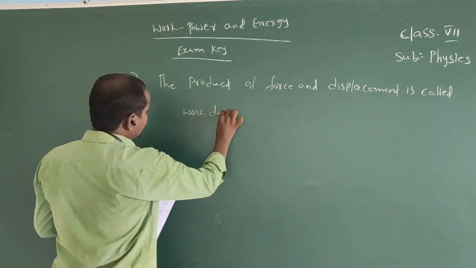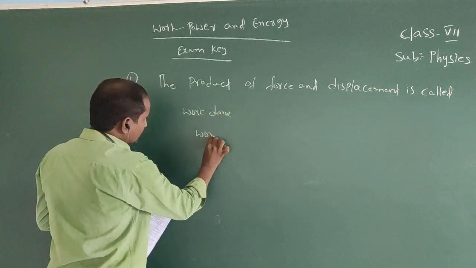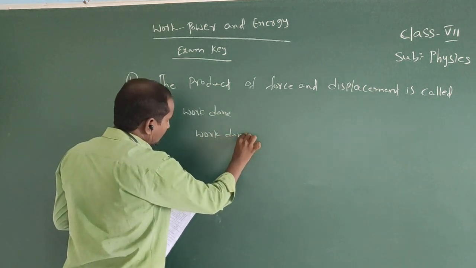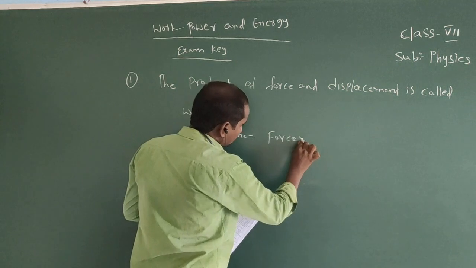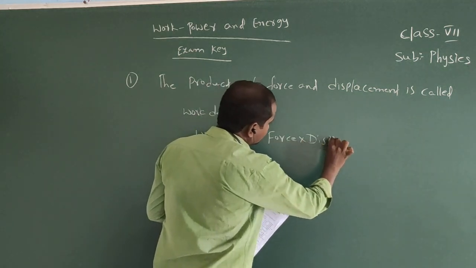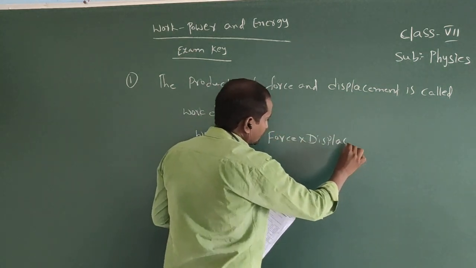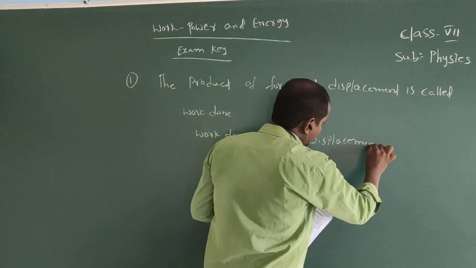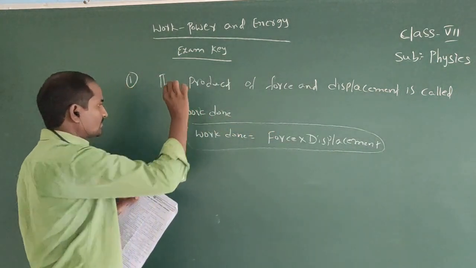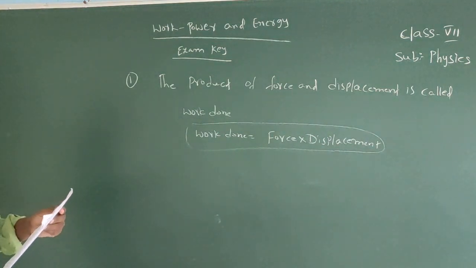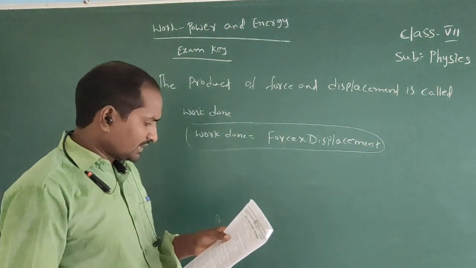So here work done equals force into displacement. So that is the answer: the product of force and displacement is called work done. So option number 3. Okay.